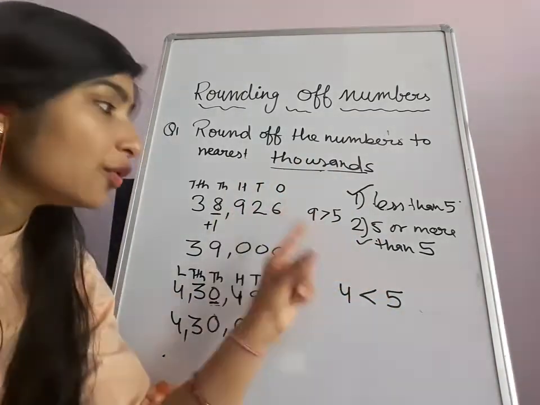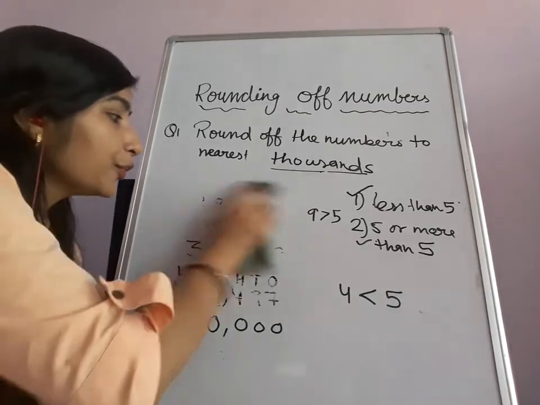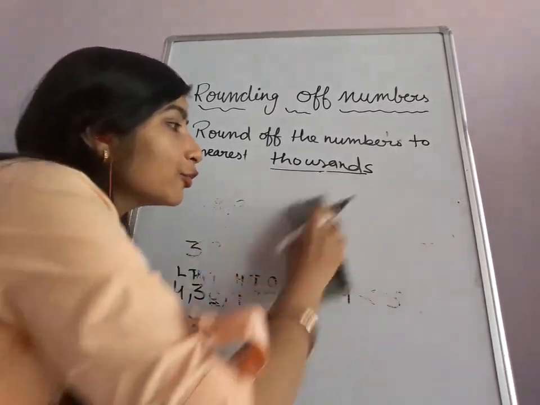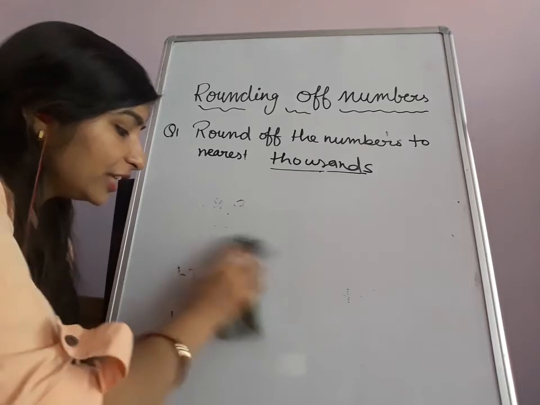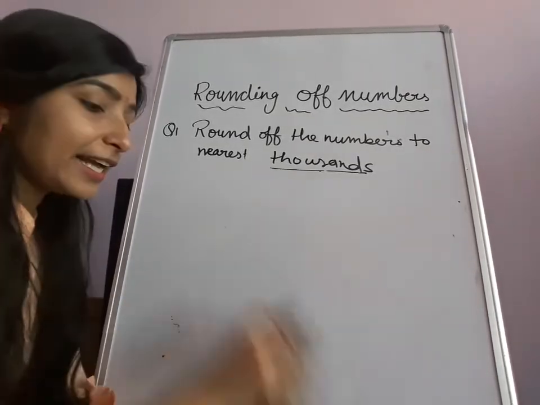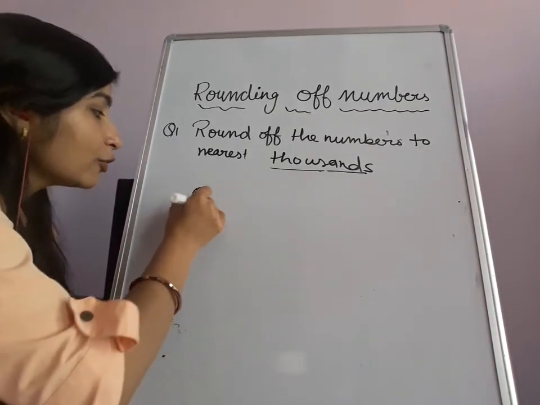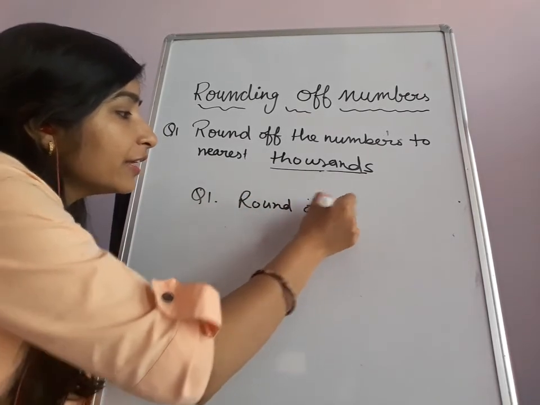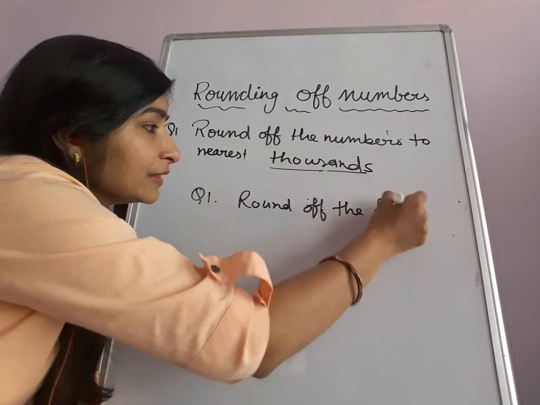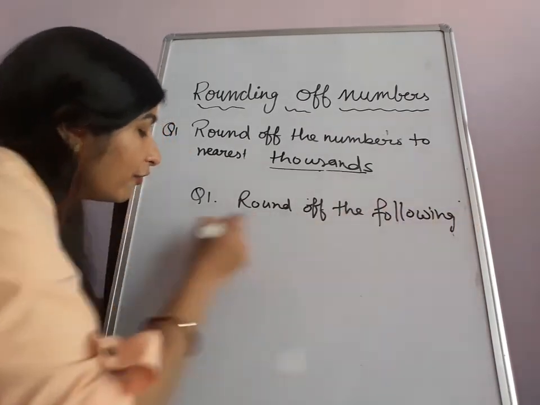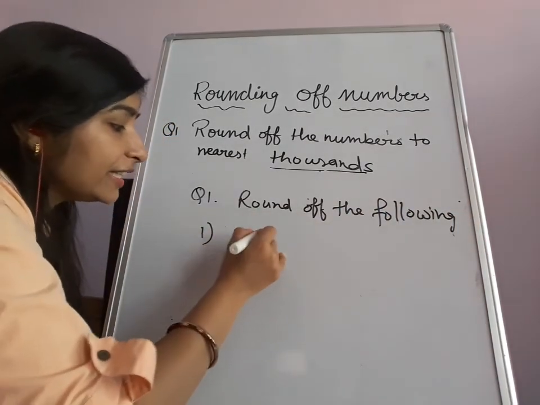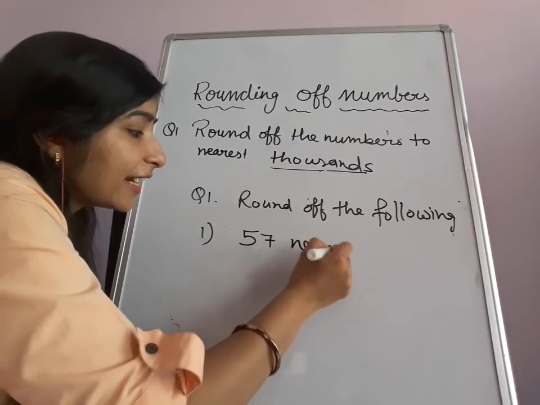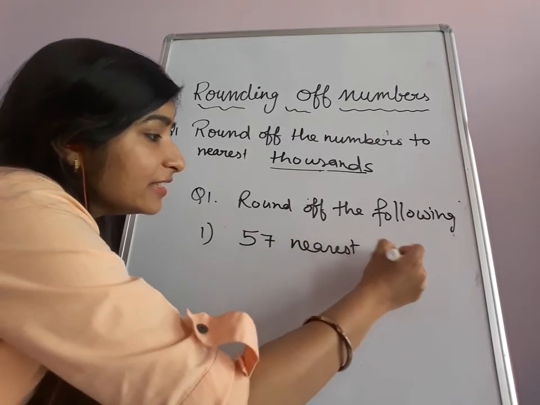Okay. So one task I am giving to you, and you have to round off these numbers. Question: round off the following. First part, 57 to the nearest tens.